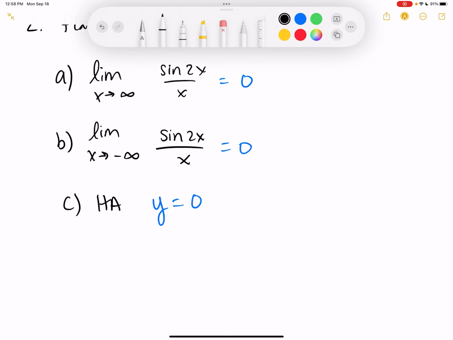Let's see, another one out of this section, number 4. I've got f of x is equal to 3x cubed minus x plus 1 over x plus 3.